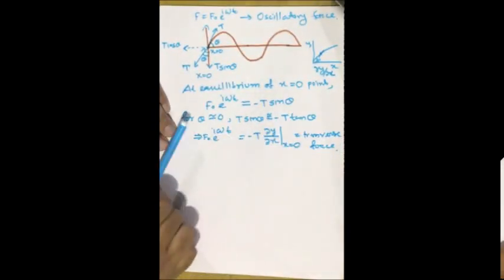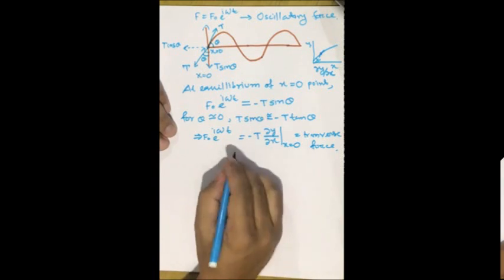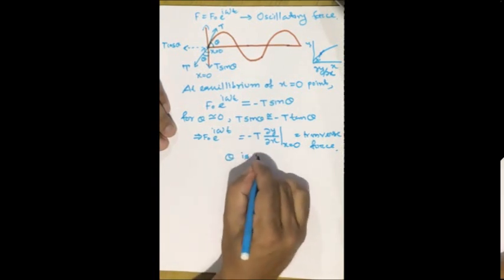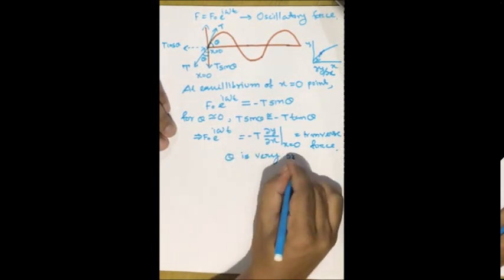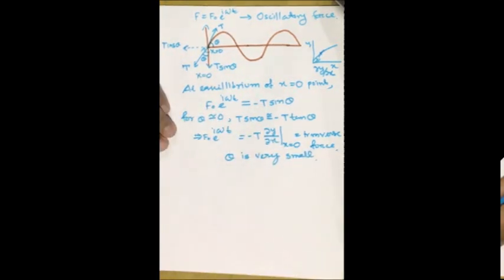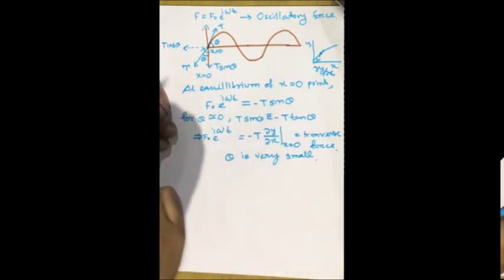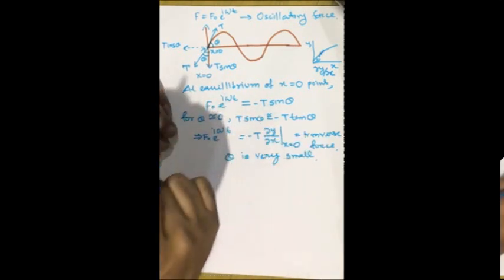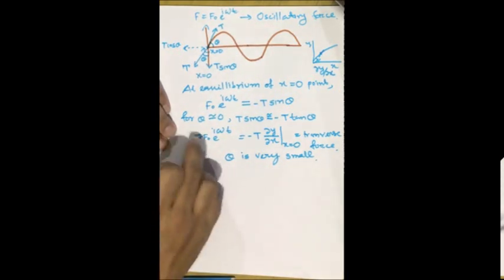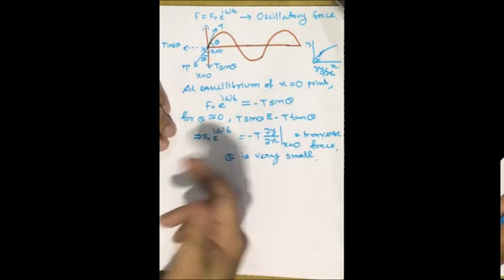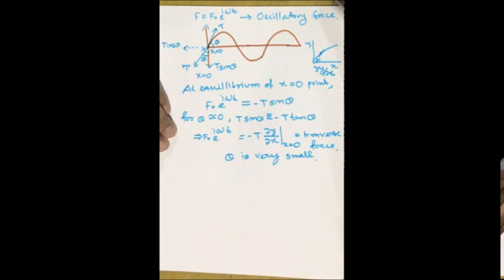Basically this equation is valid when theta is very small. Now we are going to find the value of del y by del x at x equals 0, and then we'll put the value here, and then we can find the impedance of the string.